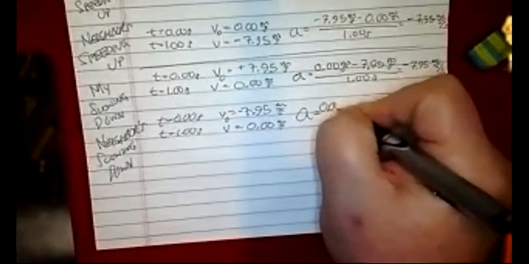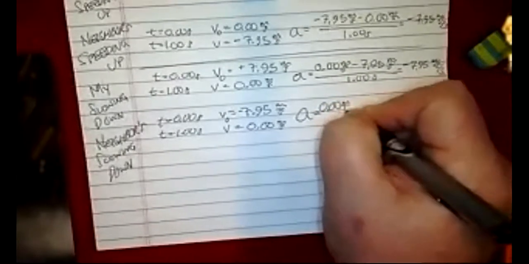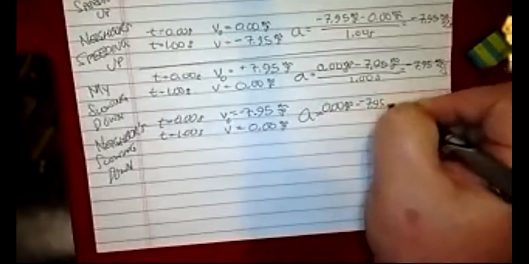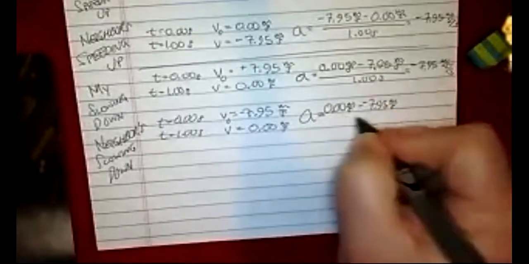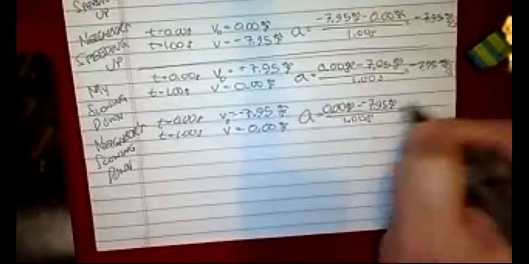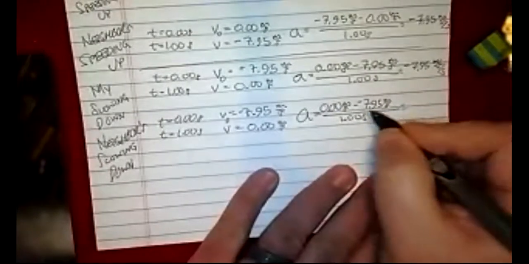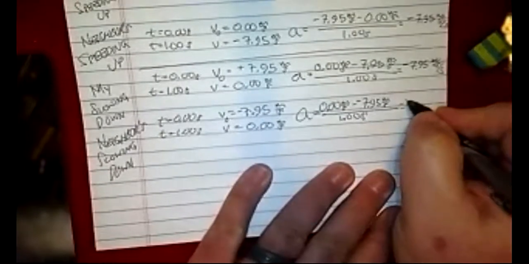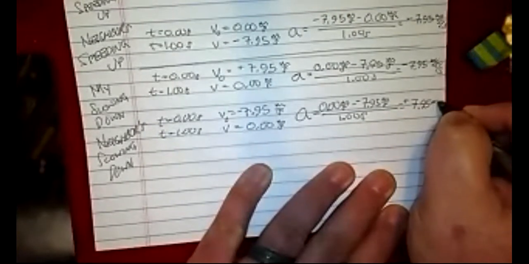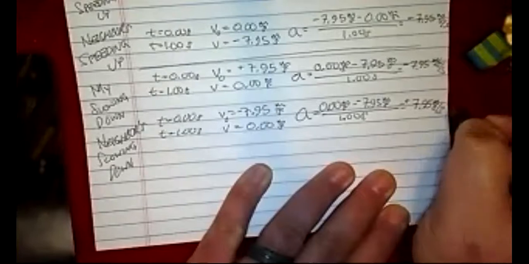So this is definitely slowing down. The acceleration should, in fact, be 0.00 meters per second minus negative 7.95 meters per second over 1.00 seconds. So in this case, a minus a negative gives us a positive, so I'm going to get a positive 7.95 meters per second every second.